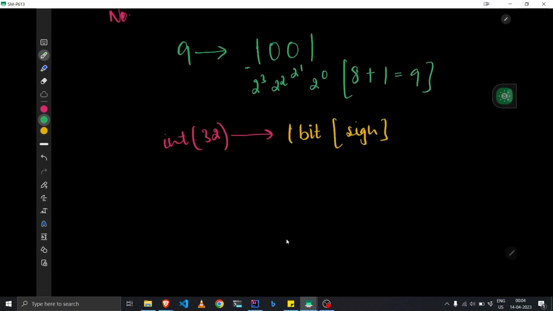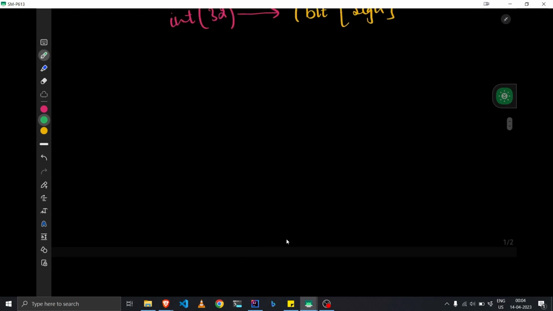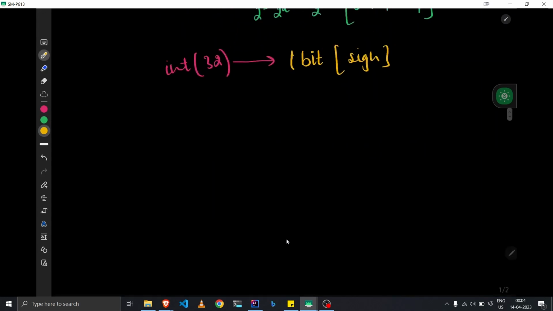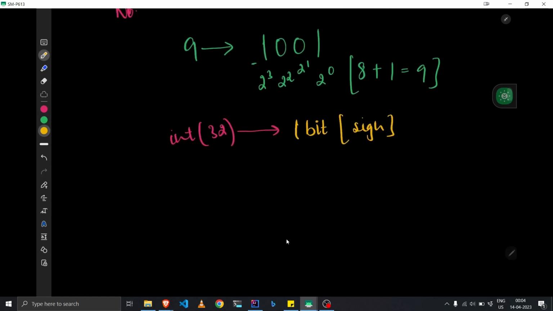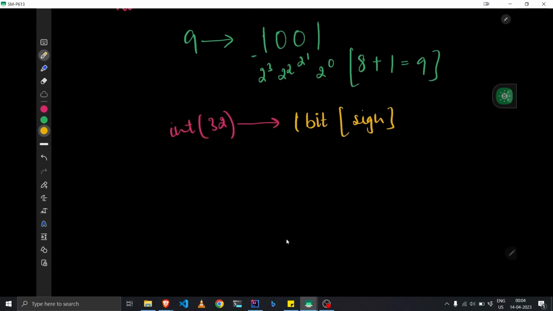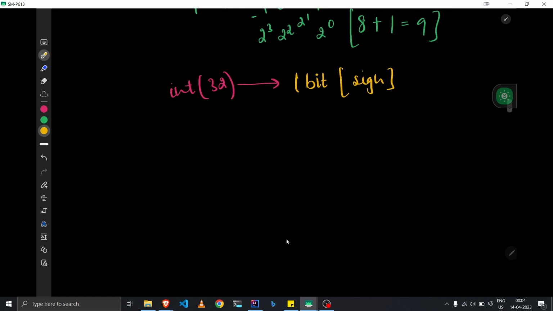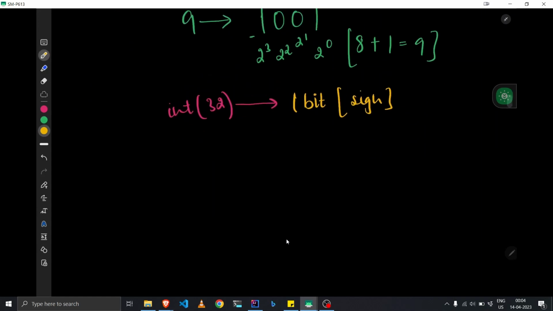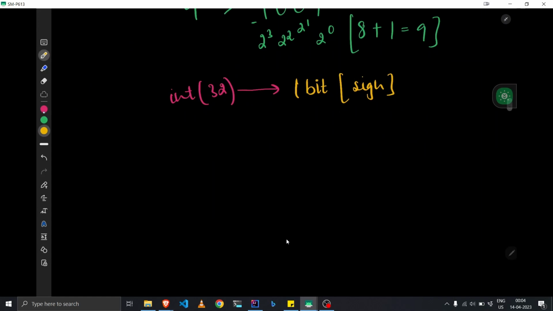Let's see how we represent 9 in an integer that is 32 bit. As I specified, this 1 bit will be used for sign, and here 0 means positive and 1 means negative, so I'll mention that as well.